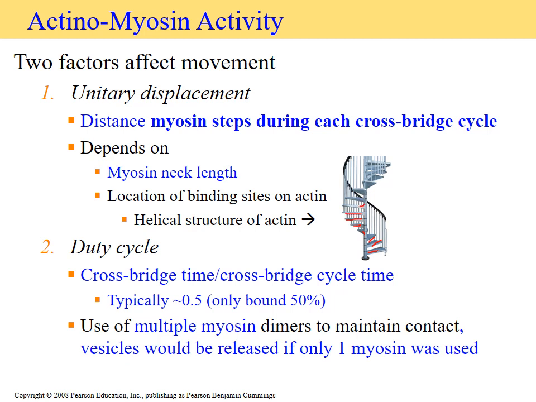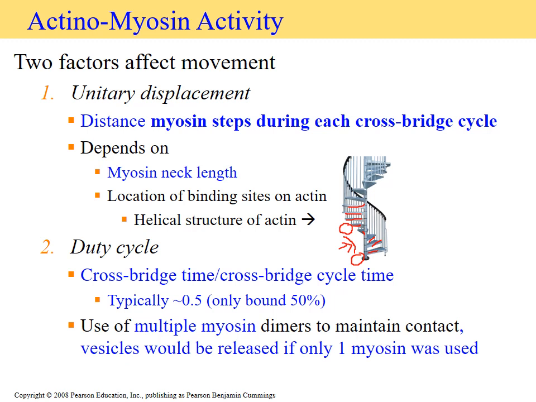What the myosin now has to do is bind to one, and when it power strokes, it has to reach for the next one that it can find. And that distance is what we're going to call our unitary displacement. Like I said, the location of the binding site and the length of the myosin neck are the two main factors that play a role in exactly how far we can move.